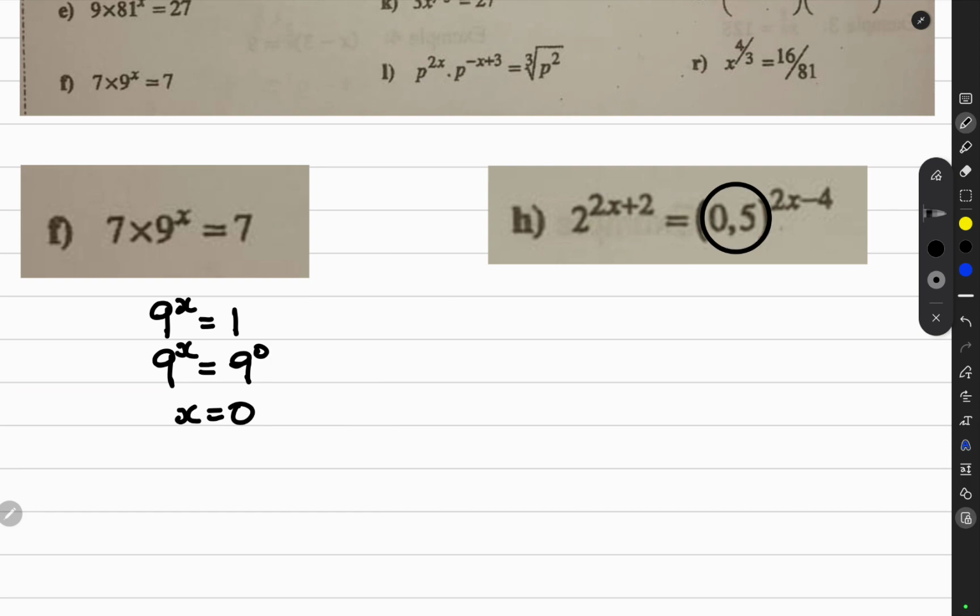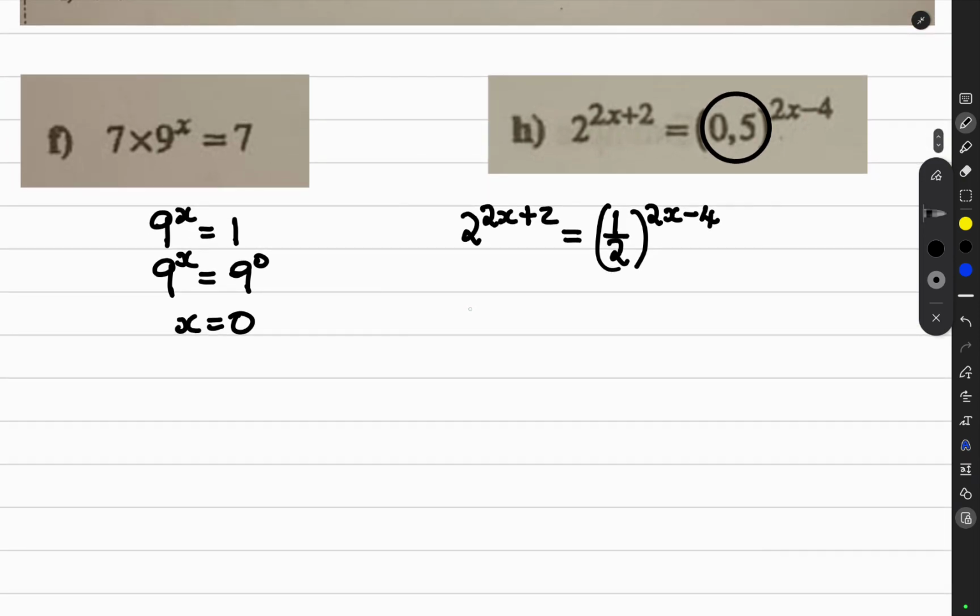Firstly, this is our very first step. We can say 2 to the power 2x plus 2 equals half, all this to the power 2x minus 4. Then on the left it will remain the way it is, 2 to the power x plus 2, equals, on the right, 2 to the power negative 1, all this to the power 2x minus 4.